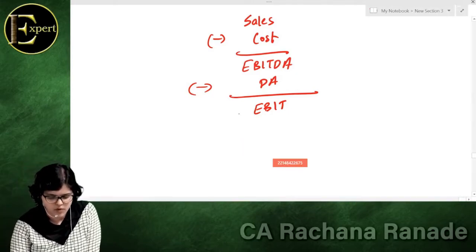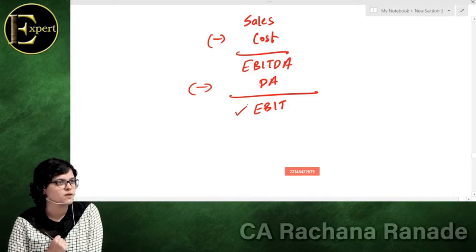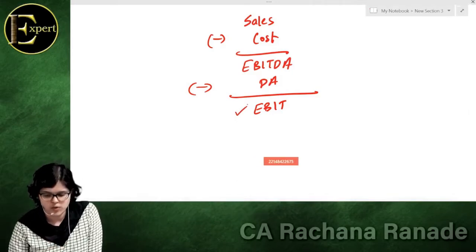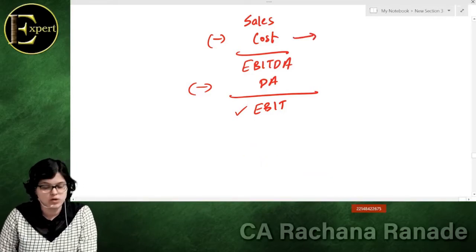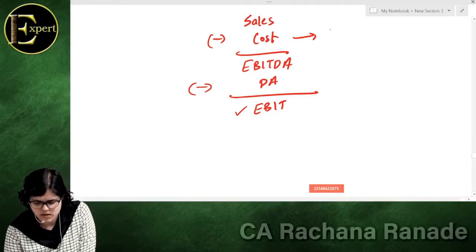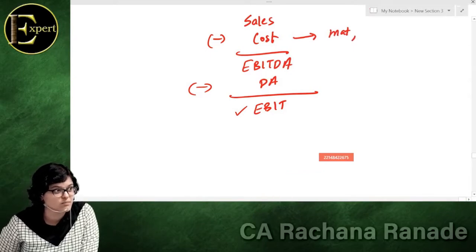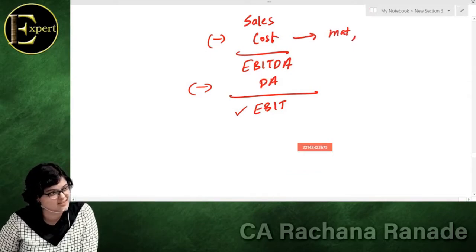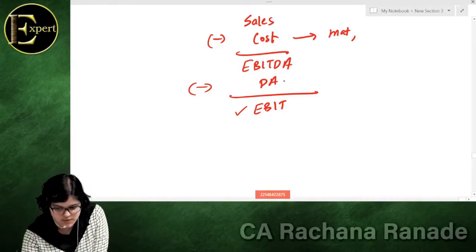Can I say this is the profit that I'm generating from my core operations? What do we mean by core operations? What will this cost include? Operating costs like what? Material. No, you can't say machinery. Machinery is your asset, and depreciation on the asset is your expenditure.